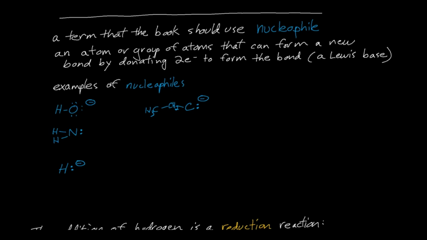So, a term that the book really should use at this point is the term nucleophile, which usually is an atom or a group of atoms that can form a new bond to something that's electron deficient, remember. In this case, a carbonyl carbon of an aldehyde or ketone, by donating 2 electrons to form the bond.